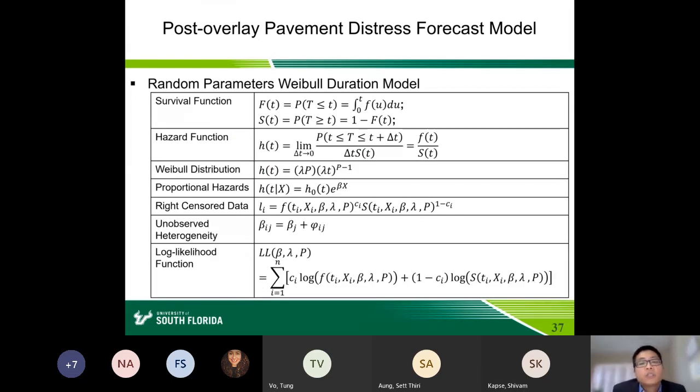The method that is used to evaluate the distress initiation model is the random parameter Weibull duration model. This method is used to evaluate the time to distress initiation.